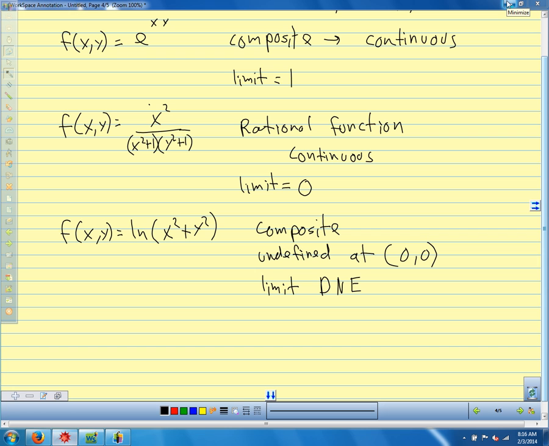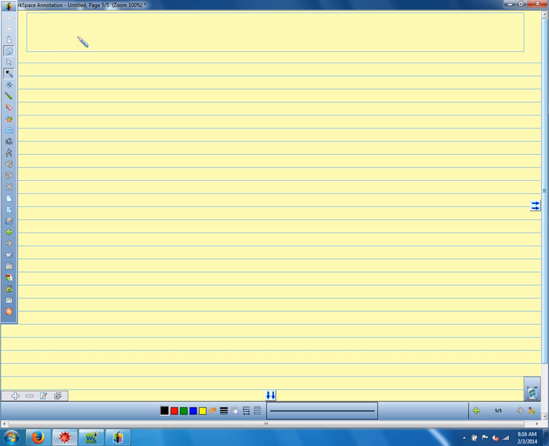Let's look at f of xy equals y over x squared plus y squared.